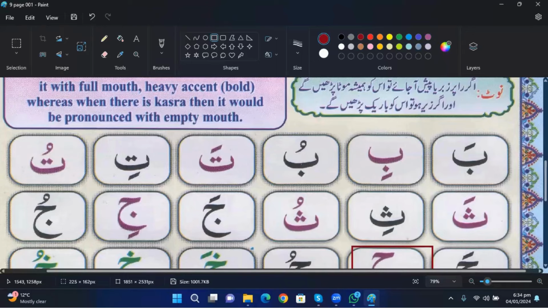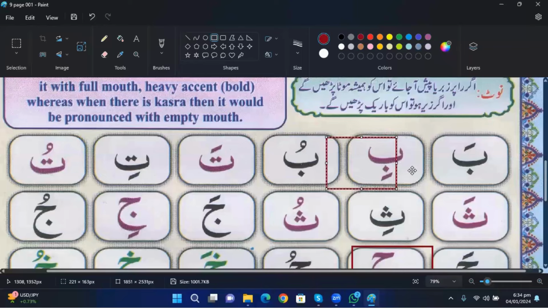When you first teach fatha, you tell them that fatha looks like a small line that always appears over the letter. After doing all the letters with fatha, you explain kasra: a small line that always comes under the letter, and it gives you the E sound. When you explain it properly, your student will definitely get how to say the letters.